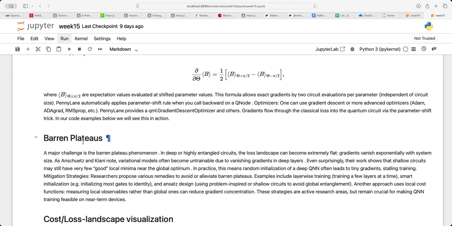And then you reach a kind of plateau where your results just stay around a specific value and you barely move. So this is the problem of barren plateaus, and this is something you will find especially when you have deep neural networks, both classically and quantum mechanically.